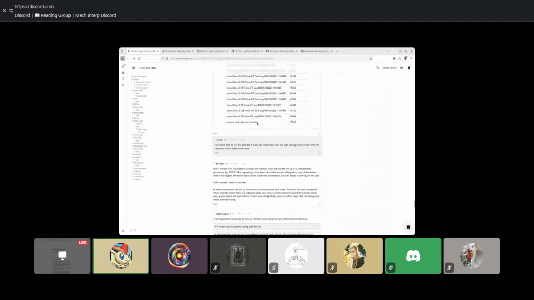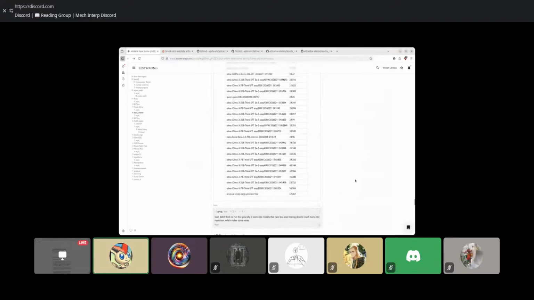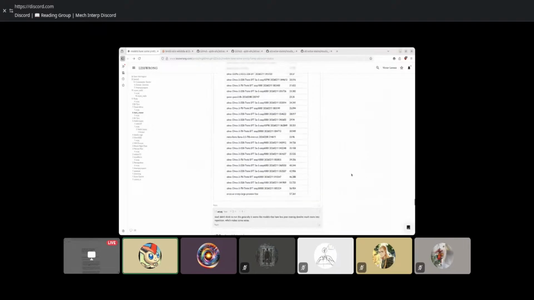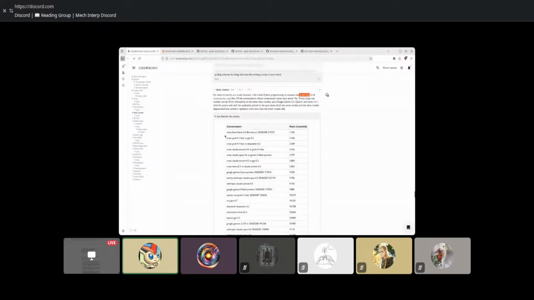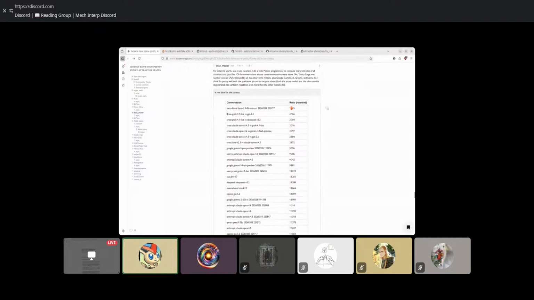It seems the Trinity one is the one that repeats itself verbatim the most. It's the most compressible, and it seems the Meta Llama Instruct for some reason is the least, and after that is the cross-model talking to each other, which makes sense. They are different models, so they're going to repeat less.